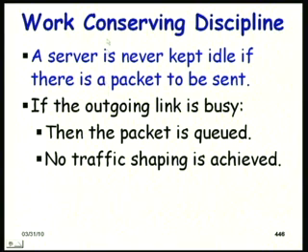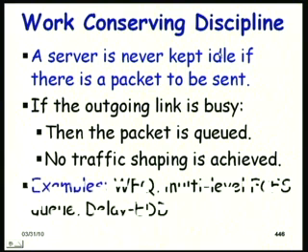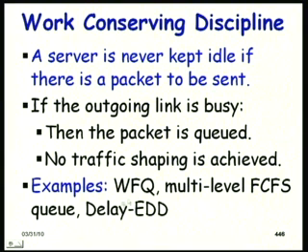And in a work conserving discipline, no traffic shaping is achieved, because it does not delay packets unnecessarily. If the link is free, it will transmit them. A work conserving discipline does not reshape traffic. The shaping is required only when traffic becomes distorted, and traffic becomes distorted naturally in every packet switched network.